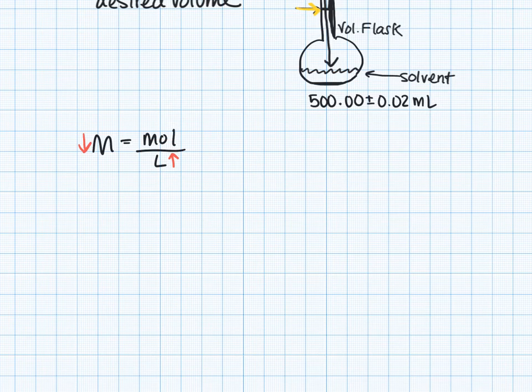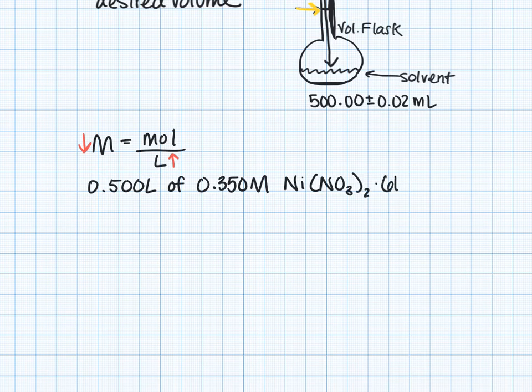So let's say I took this solution that I just made. So I just made a 0.500 liter solution of 0.350 molar concentration of nickel 2 nitrate hexahydrate.